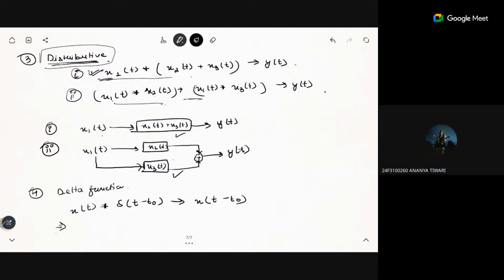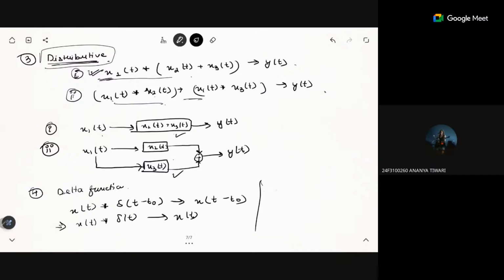Now you tell me, if there is no time shift and your x of t is simply convolved with the delta function, then what should be your output? x of t. Very good. So this is your delta function property.